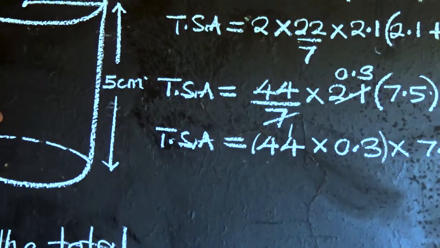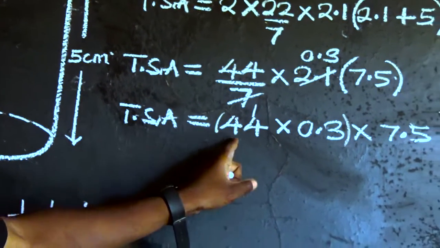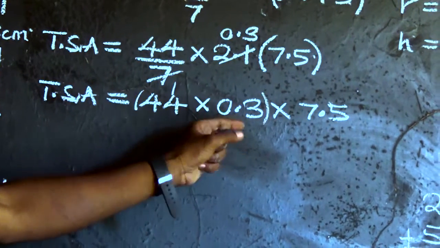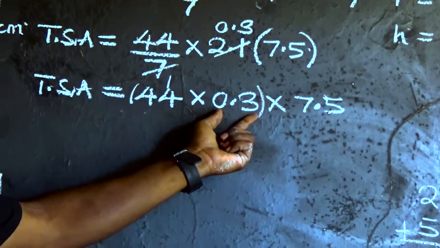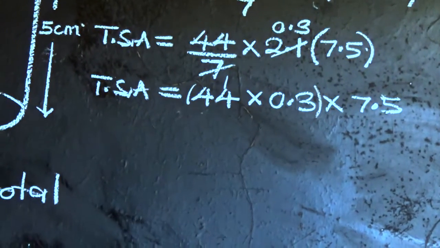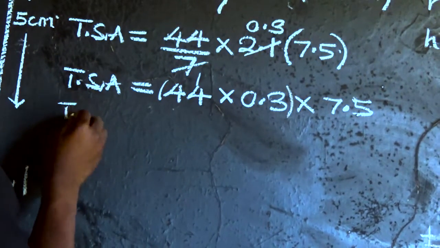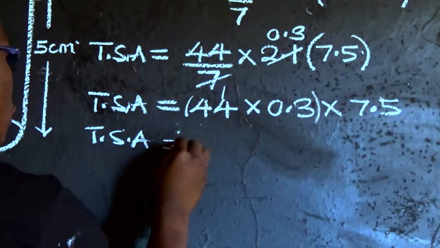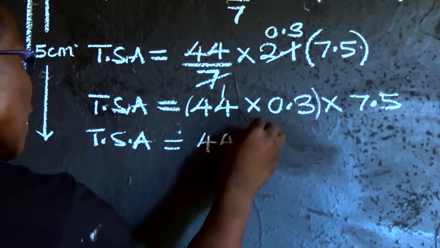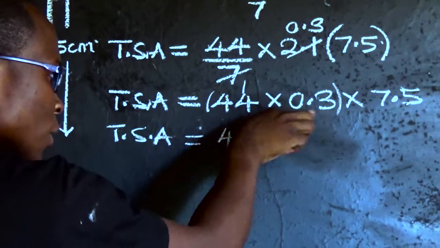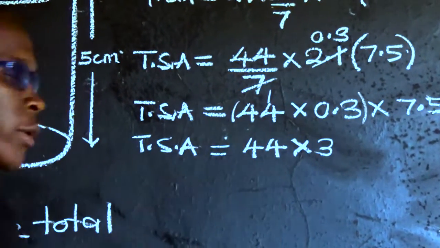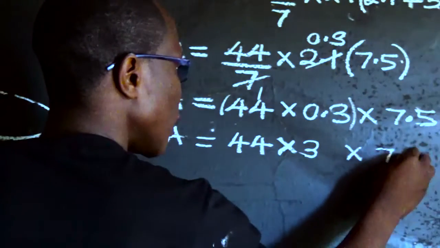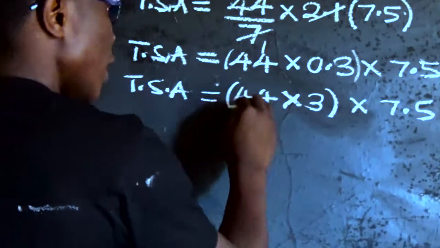Remember I said, for you to multiply this one, you try to ignore the decimal point and consider this number as a whole number, 0.3 becomes 3. So this is equal to 44 times 3, times 7.5 for now.